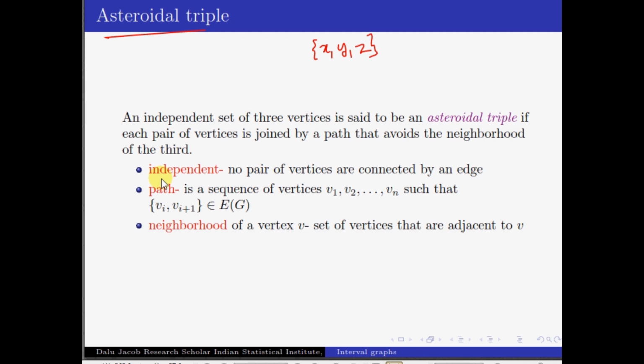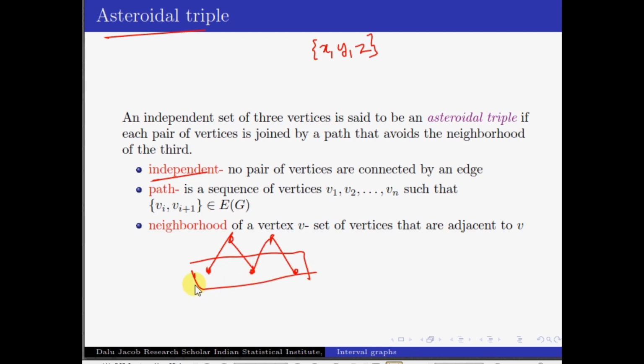So what do you mean by independent? A set of vertices is said to be independent if no pair of vertices in that set is connected by an edge. For example, suppose this is your graph, then these 3 vertices form an independent set. Why? Because none of the 3 vertices are connected to each other.